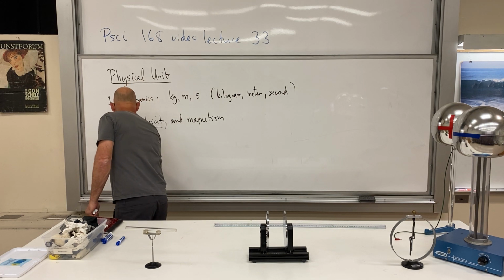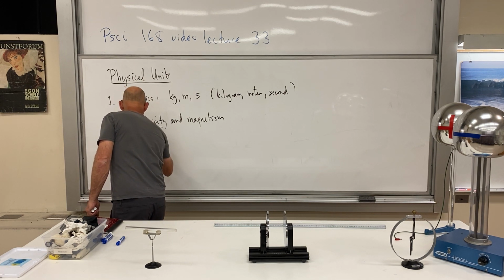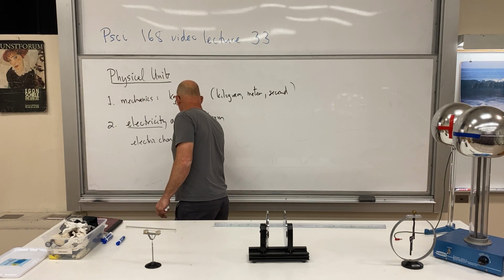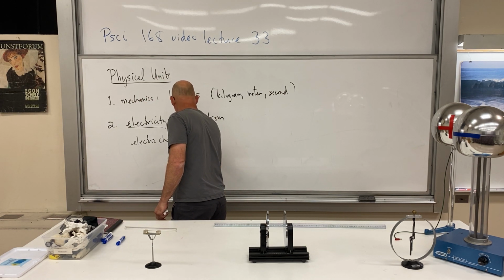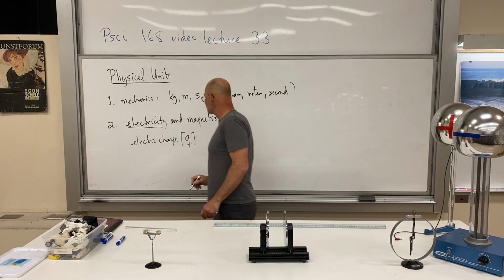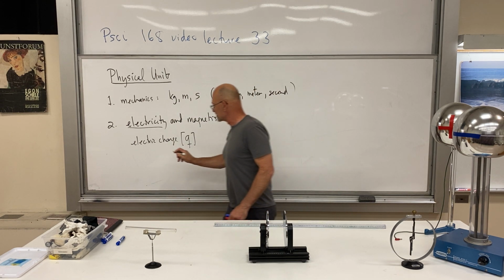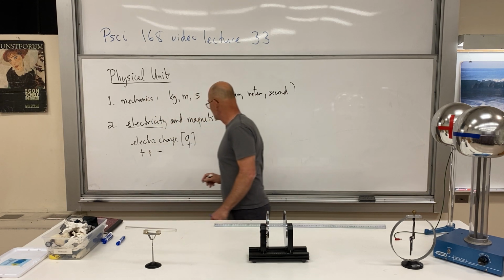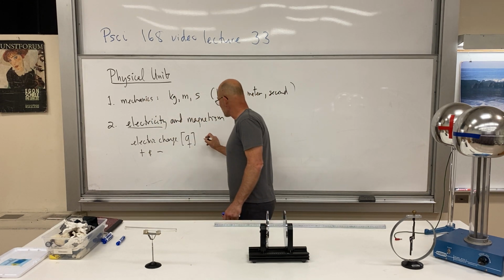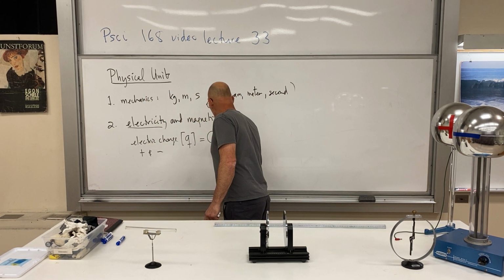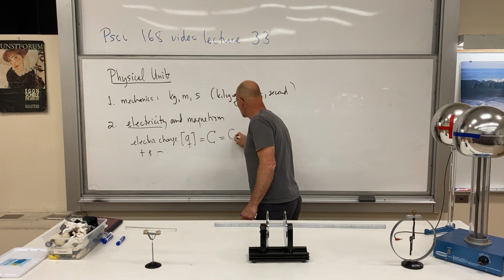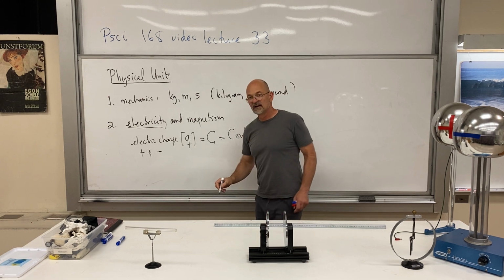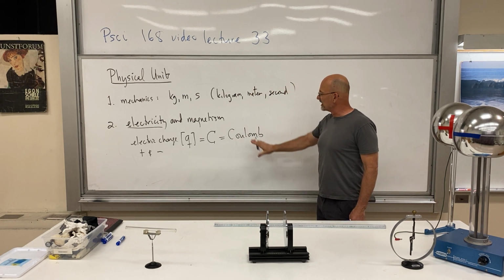Electricity, we have electric charge. We'll use the letter Q. And the unit of electric charge, which as we know comes in positive and negative, is capital C, the coulomb. Okay. Unit of electric charge is the coulomb.